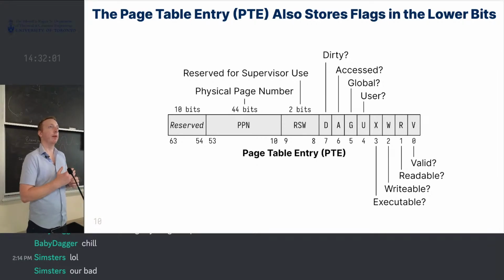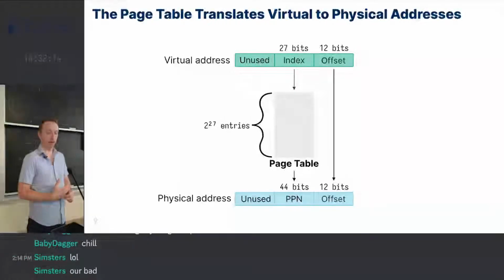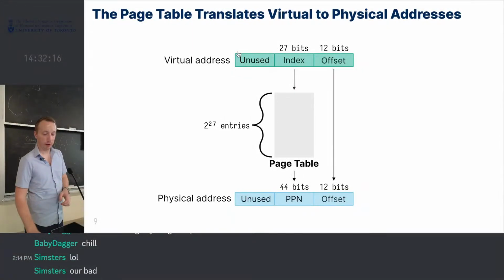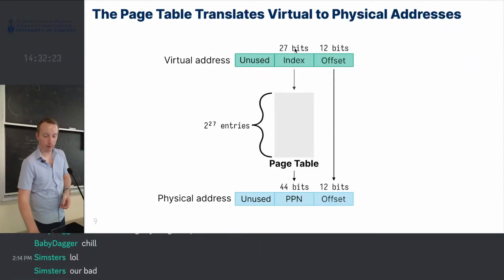The offset is just where you are within a page, and you don't have to translate it. This index is what virtual page you're on, and the offset is where within a page.